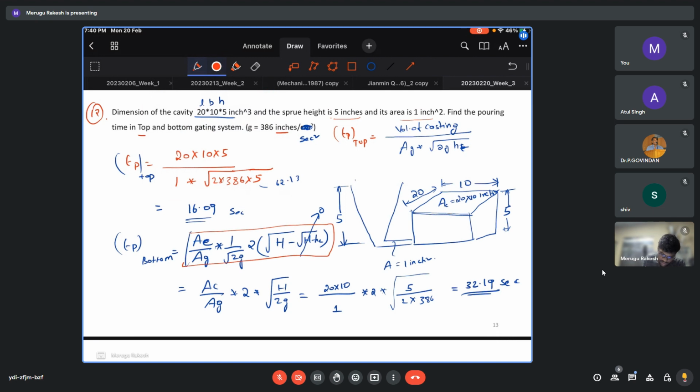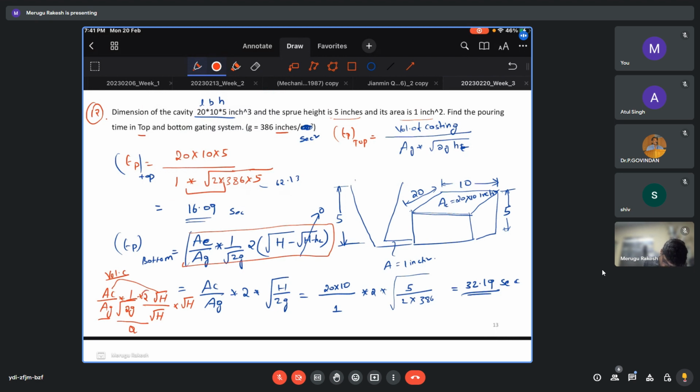So in this question, that is A cast divided by A gate into 1 by 2g into root H. So multiply by root H in the numerator as well as in the denominator. So you will get A cast into H, which is nothing but the volume of the casting. Then in the denominator we have A gate into root 2gH, nothing but the velocity.